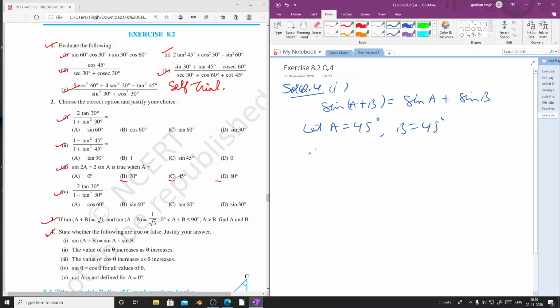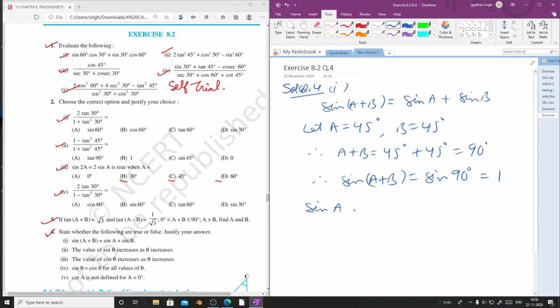So we get A plus B equal to 45 plus 45, that is equal to 90 degree, and therefore sin of A plus B is equal to sin of 90 degree, that is equal to 1. And let us find the value of sin A plus sin B.